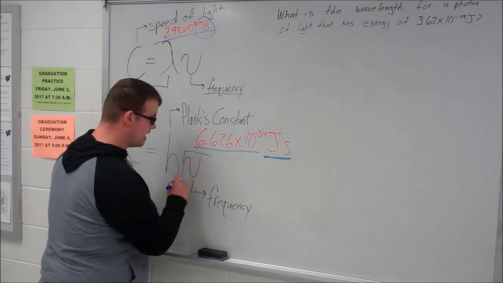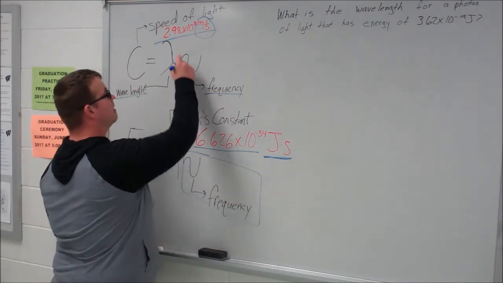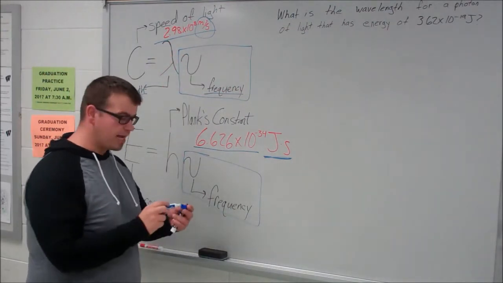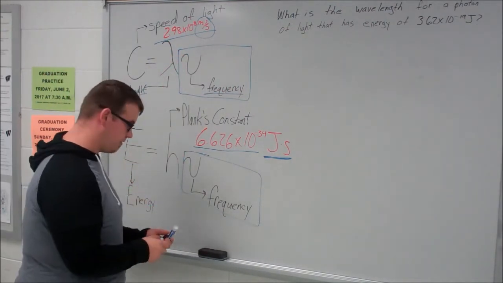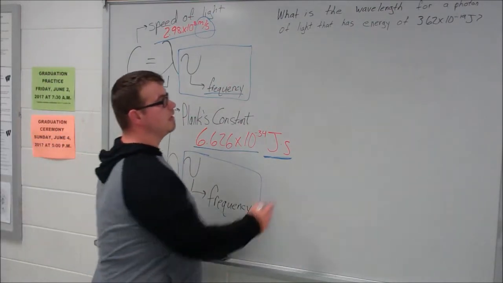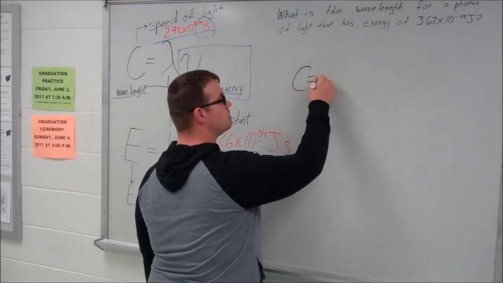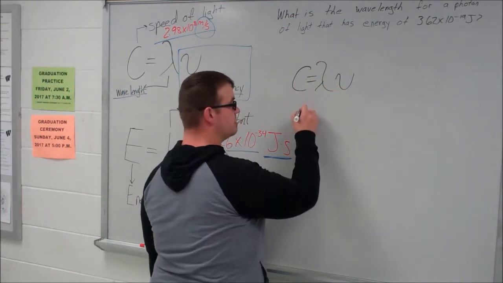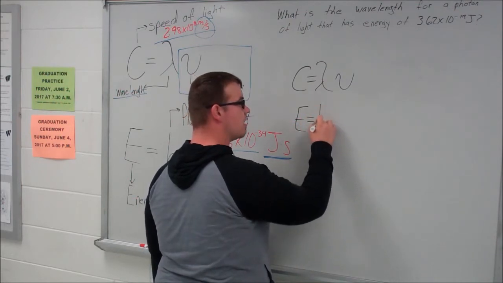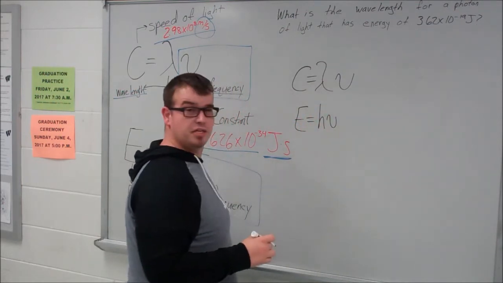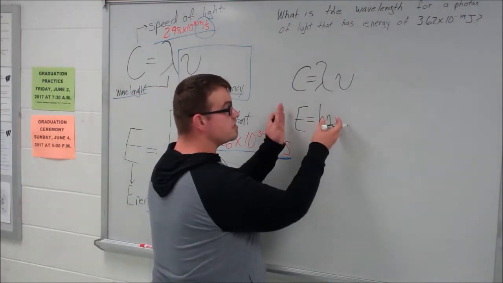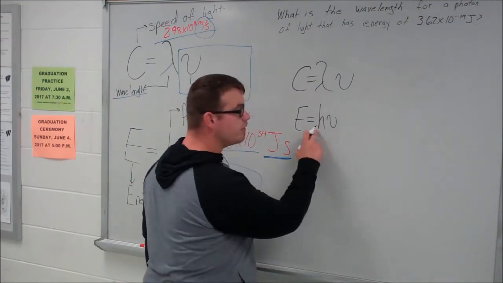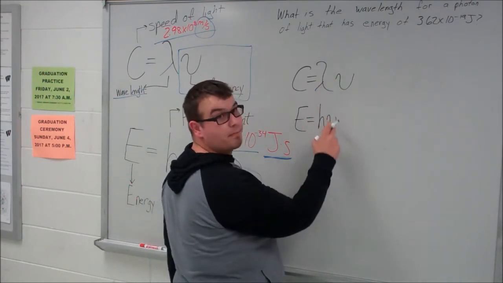So frequency is your key. You can use frequency to rewrite these equations so that they link together. If you take the speed of light equals lambda times nu, and the second one, energy equals Planck's constant times nu, these two can be rewritten and substituted for one another. I'll rework this one to fit into the top equation.